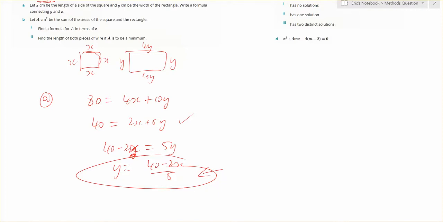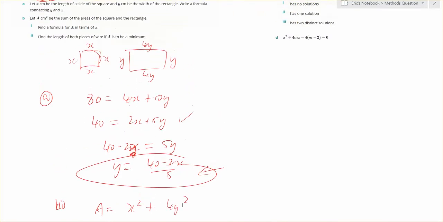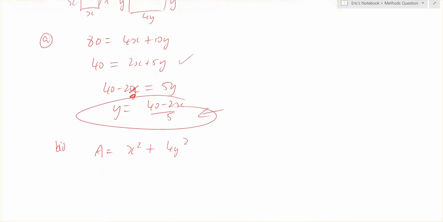Next part is let area be the sum of the areas of the square and rectangle. So area equals the sum of the square, which is x squared, and the rectangle. You just times length by width, so 4y squared. Now we're not quite done there. It says in terms of x.